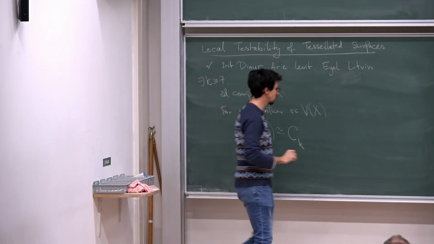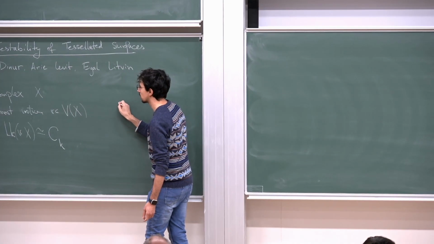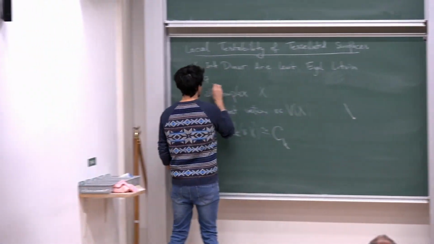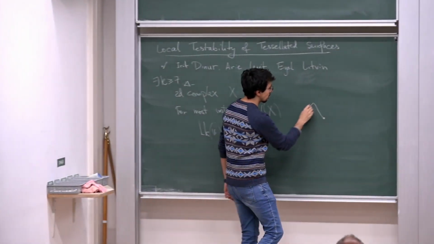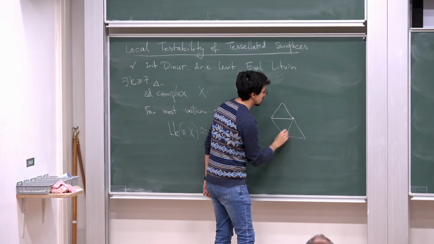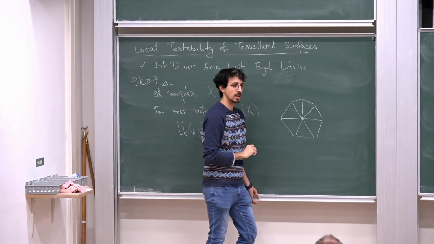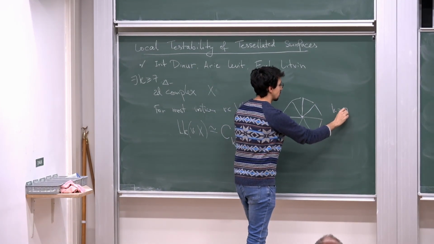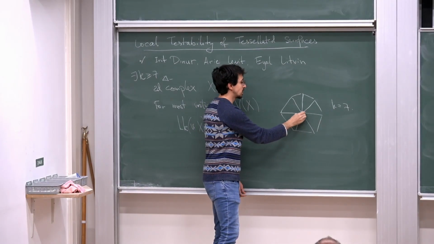Okay, so for most points, what I see around them in this two-dimensional, say, simplicial complex is some kind of a k-cycle here. K equals 7, maybe. So this is what we see around most points.